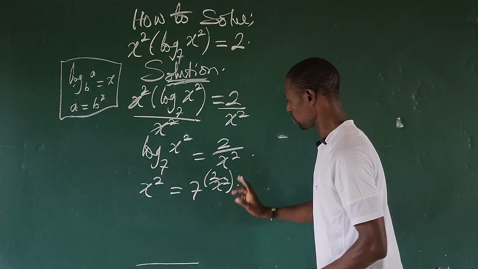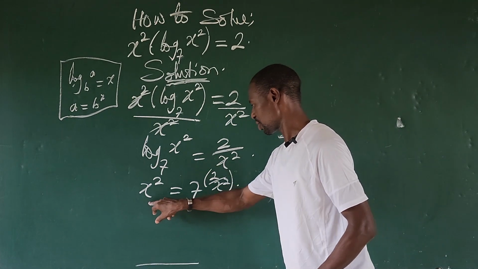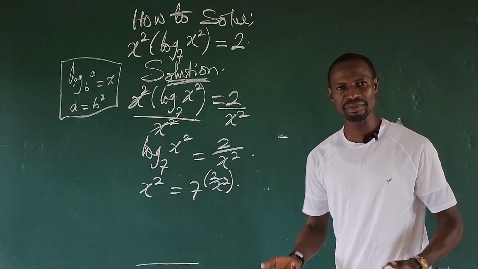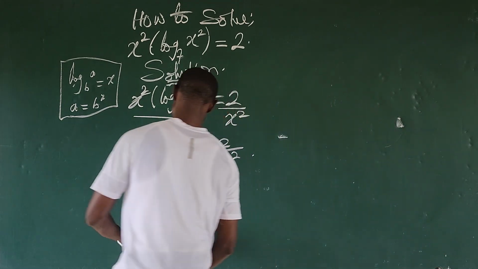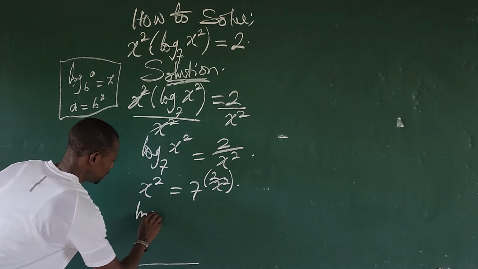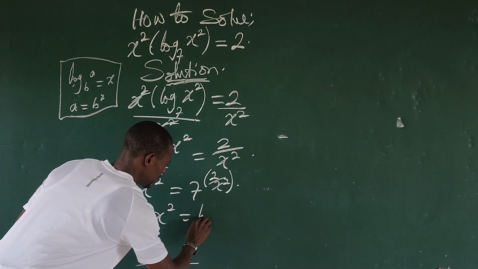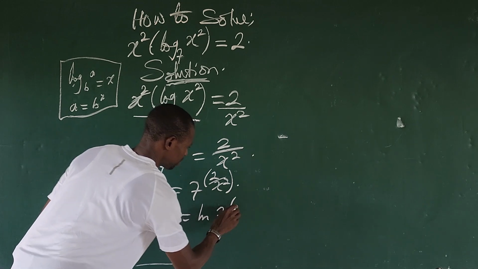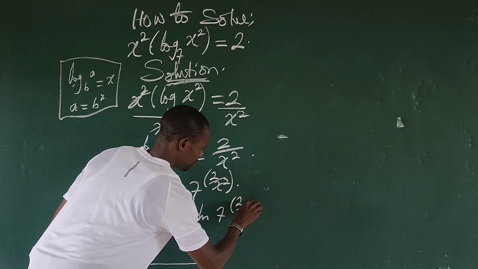Because what we're looking for, x, is here at the exponent, and it's also here, what we do is to ln both sides of the equation. In other words, let's introduce natural log to both sides of the equation. So this is going to give us ln of x to the power of 2 equal to ln of 7 to the power of 2 all over x to the power of 2.